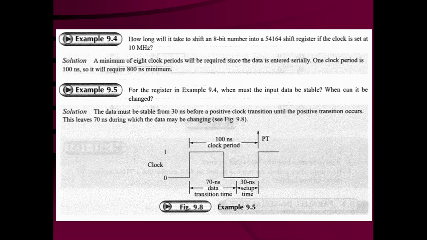8 flip-flops are there. That means 8 clock cycles are required to enter the total 8-bit number into the shift register. The clock frequency is 10 megahertz. So what is the periodic time of this clock? That is 1 upon 10 megahertz.